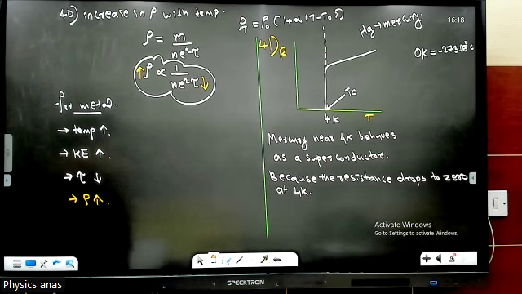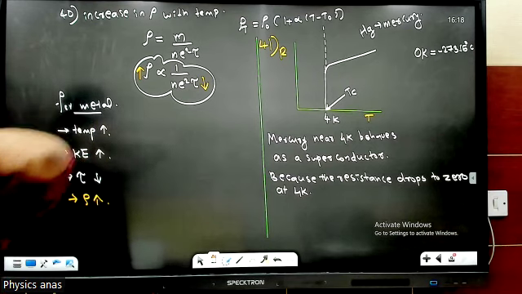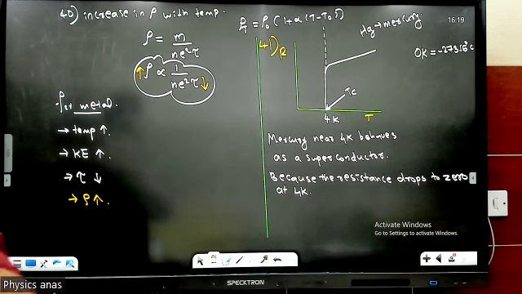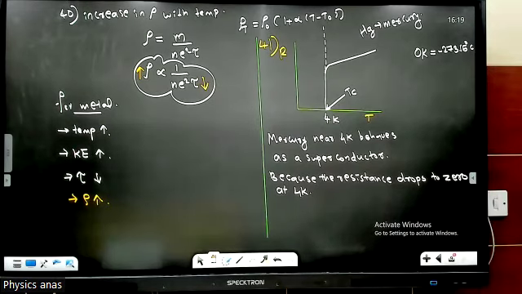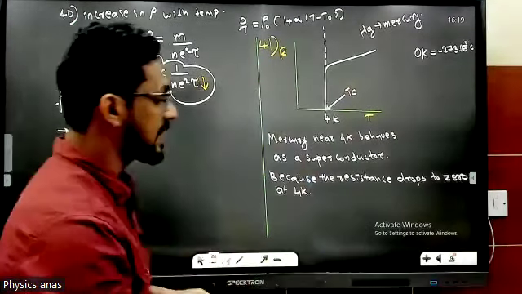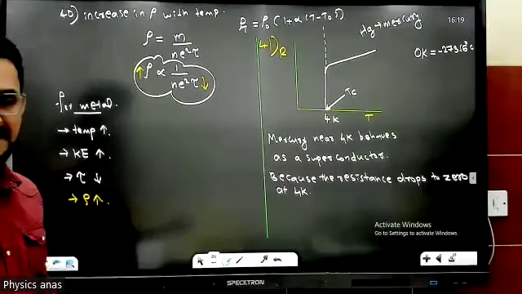Okay. In which region of the graph shown in the figure is the resistance negative and why? We have discussed that many times. What is the negative resistance region?